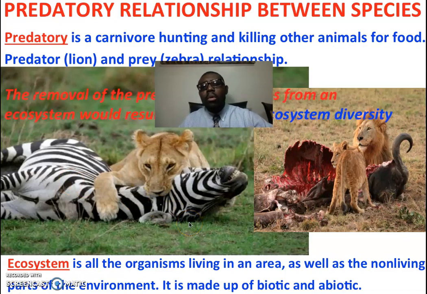So when you remove, for example, all the predator populations in this environment, it will decrease the ecosystem diversity. If you remove all the predator populations from an ecosystem, that will result in a decrease in ecosystem diversity.